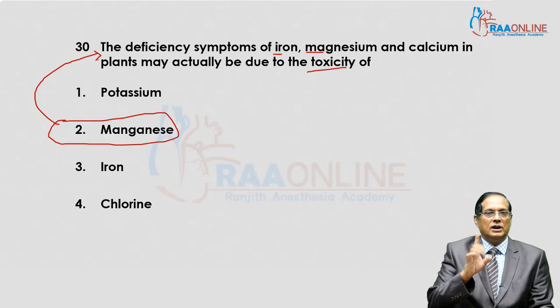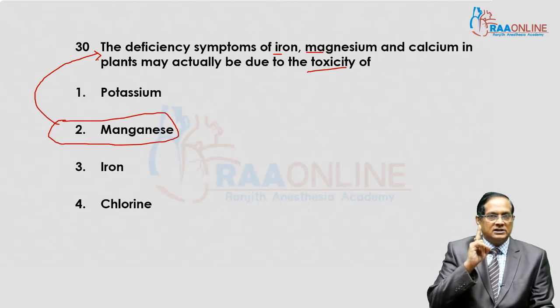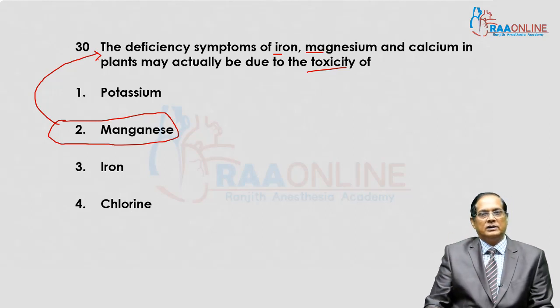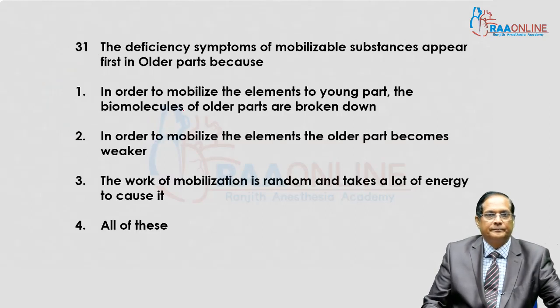That is, they are toxic in excess, and this is one of the roles of manganese. Iron, magnesium and calcium deficiency is seen. It interrupts their absorption.